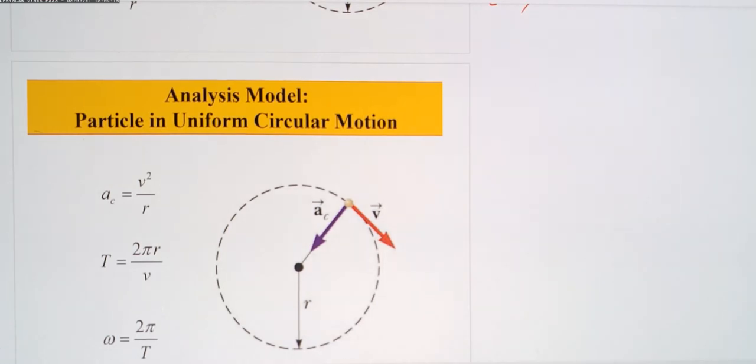In the exam, I will include all the equations that you need in the exam sheet. But for the quiz and the homework, it's open book. You can open your book and read whatever equation.